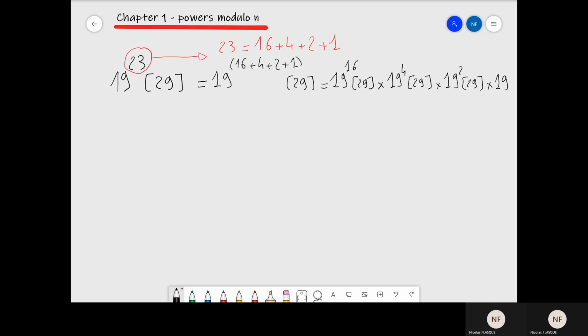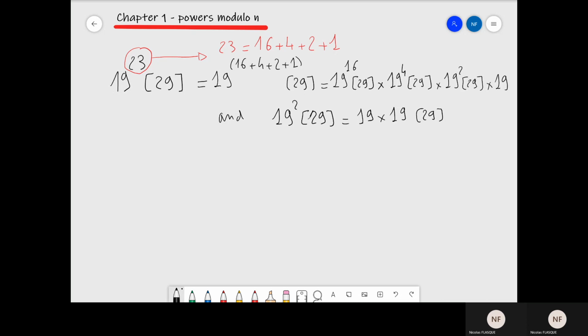And what's nice is that those terms are quite easy to compute, because another trick is that 19 squared modulo 29 is 19 times 19 modulo 29. So we can get 19 squared from 19.